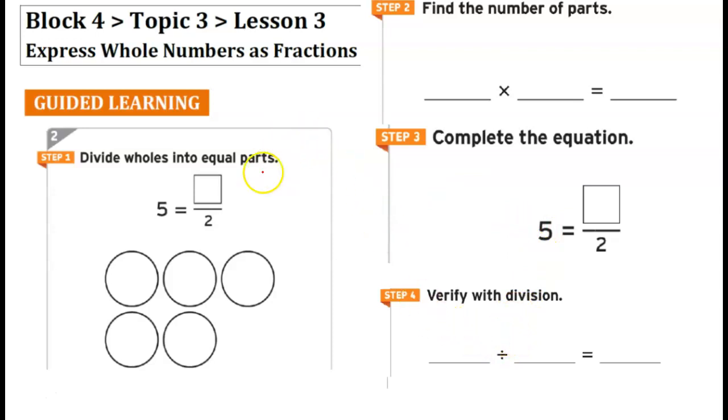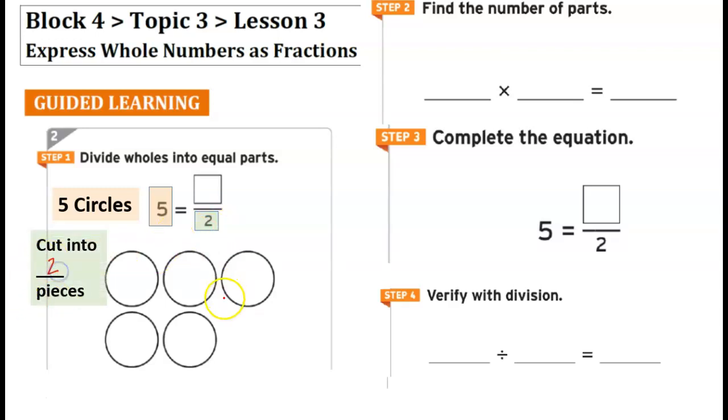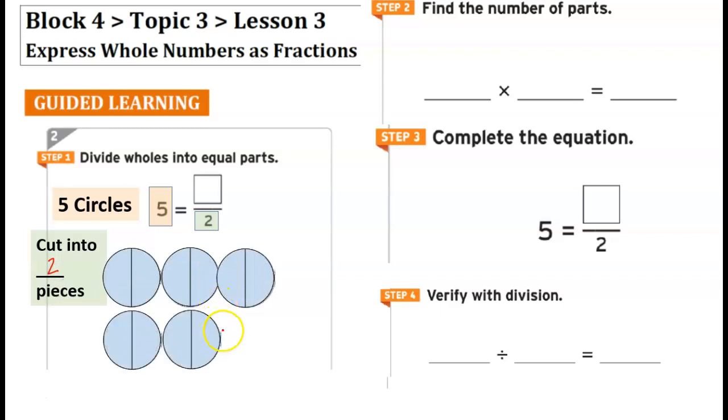I'm trusting that you paused, so that would be 5 circles, and we're going to cut each one up into 2 pieces. So that's 1, 2, 3, 4, 5. How many circles are there? Well, there's 5.